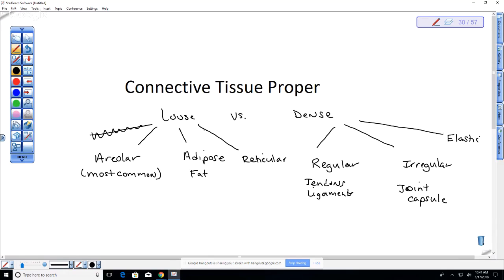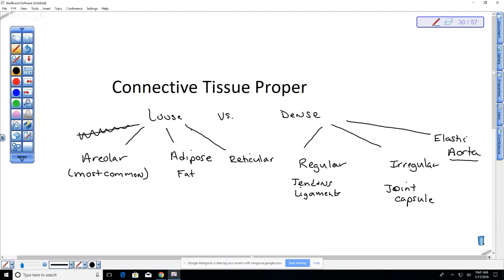And then we also have elastic. One of the places where dense elastic connective tissue is found is in the aorta. And the aorta is a major blood vessel that comes out of the heart.